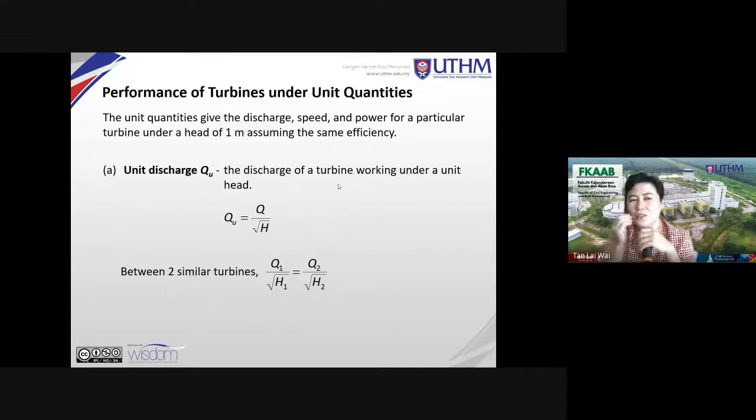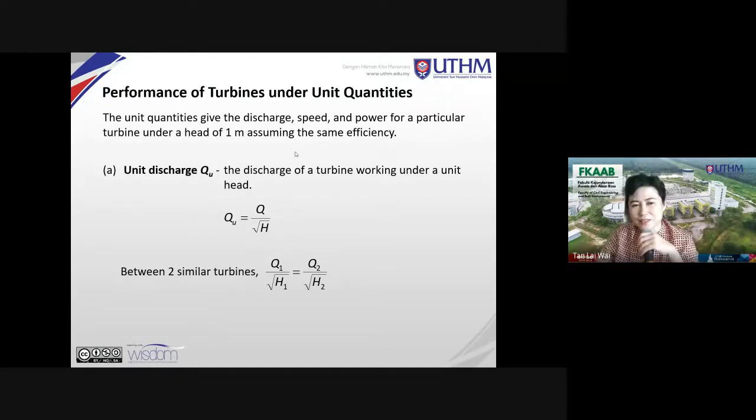Let's look at performance of turbine under unit quantity. Here's the thing. If the question asks you to find some quantities under a unit net head, you are going to use this formula.